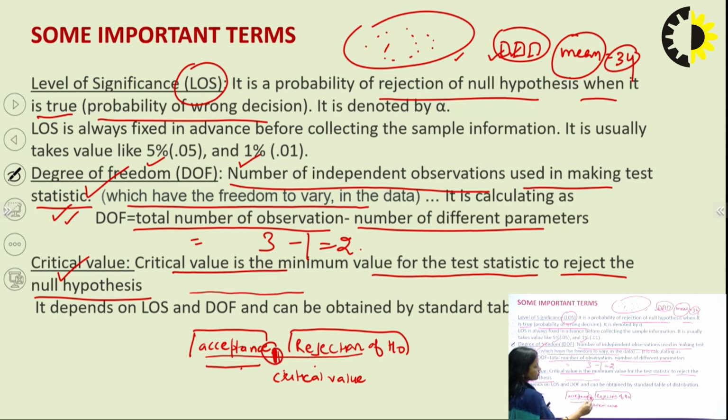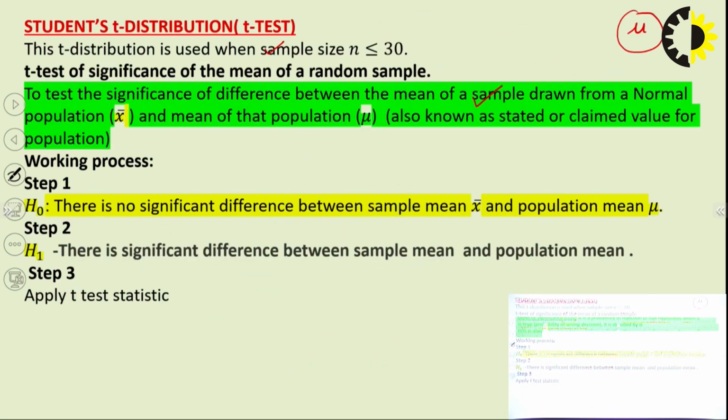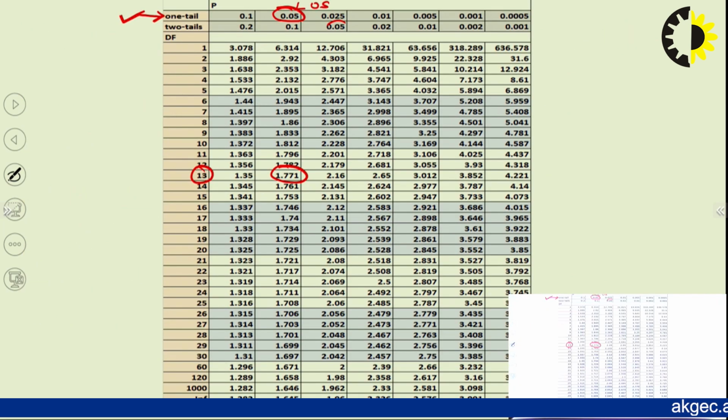Now this critical value depends on level of significance and degree of freedom and can be obtained by the standard table of the distribution. This is the standard table for the T distribution, and you can find the critical value from this table. We will learn how to read this table from the example.